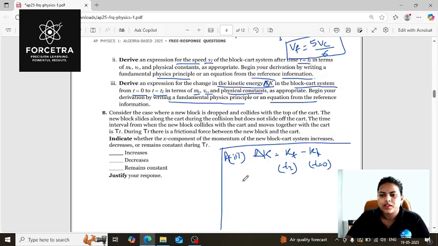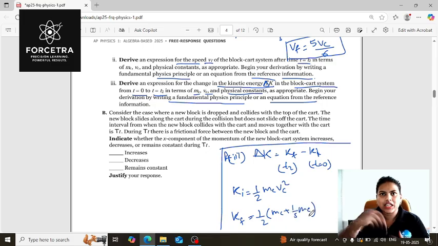Get it? So at t equals 0, I can write the initial kinetic energy: only the cart was moving, so it was half mc vc square. And the final kinetic energy is half times the mass of the system, which is mc plus 1 upon 5 mc, the block and the cart, and now the system is moving with vf equal to 5 upon 6 vc.